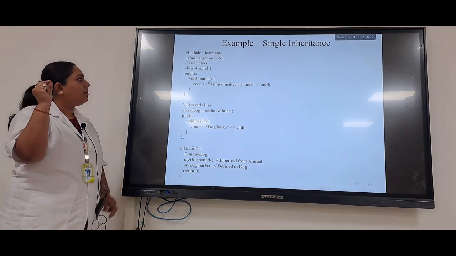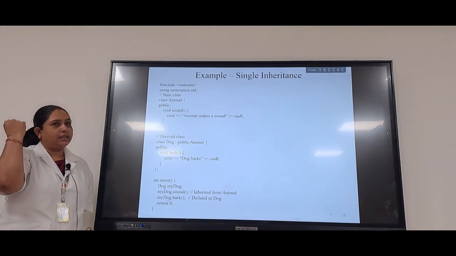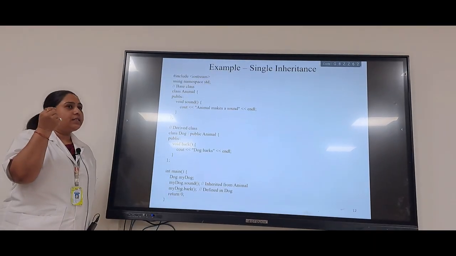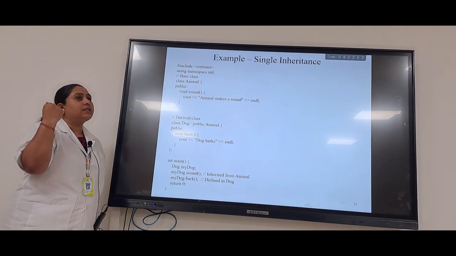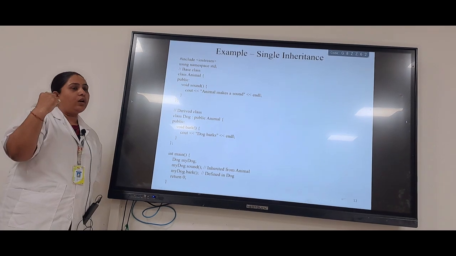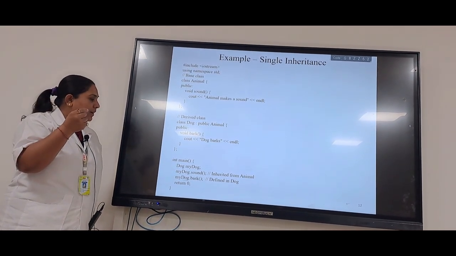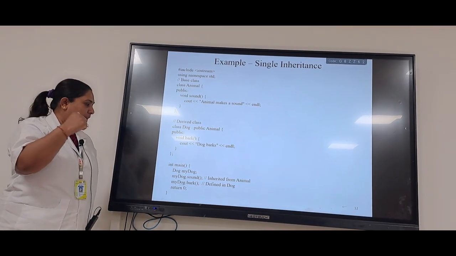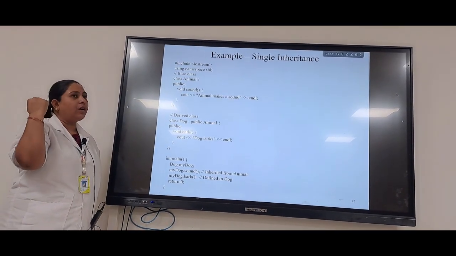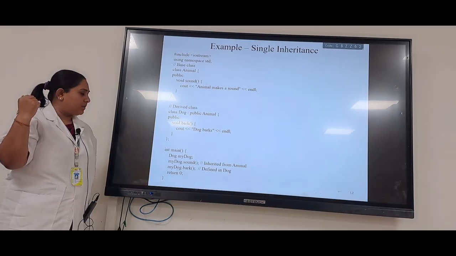Sound is a member function of the base class. Though my object is created for the derived class, I am using it to call a member function of the base class. So here it says sound inherited from animal, that is the base class.